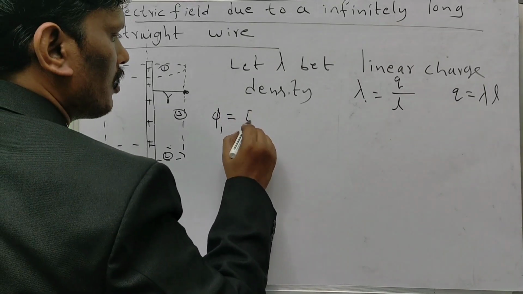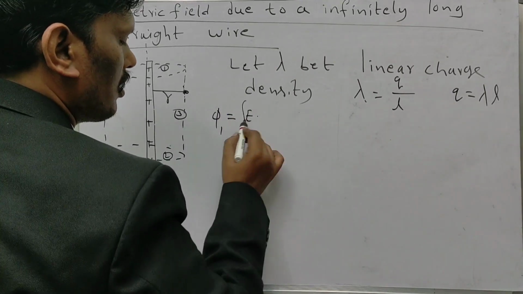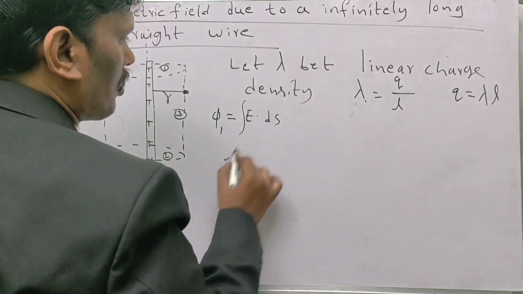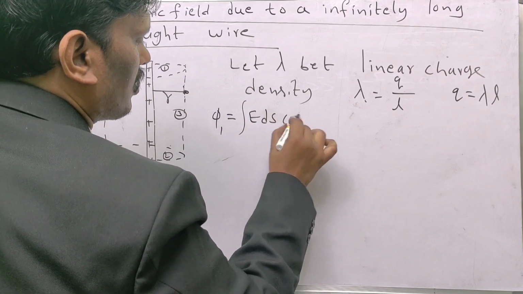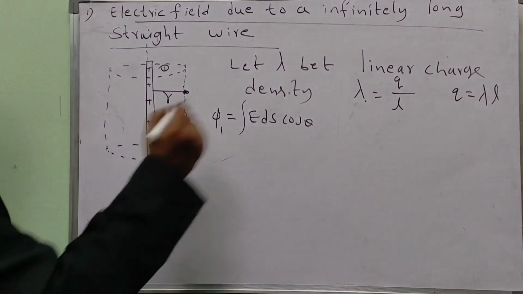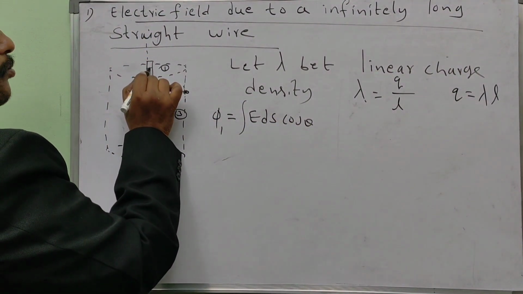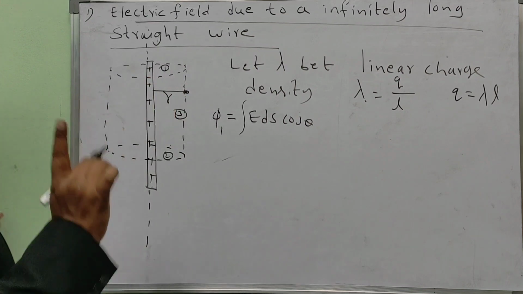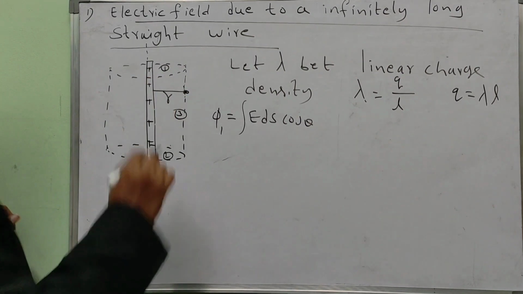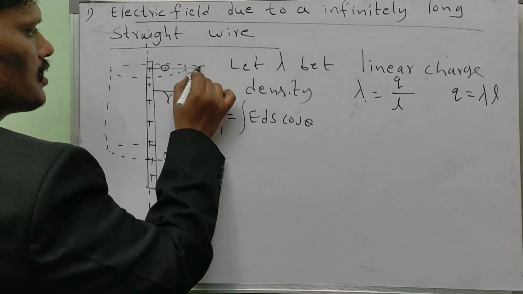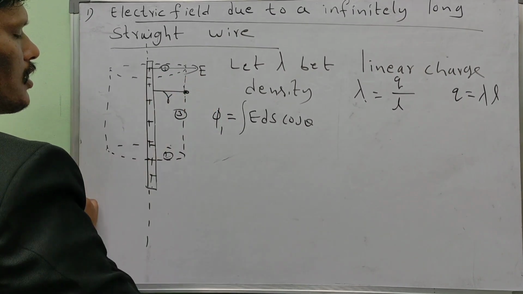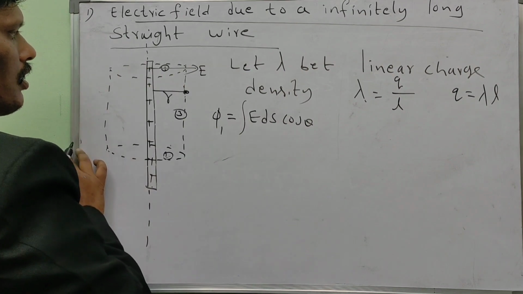We have the formula, integral E bar dot ds bar. That is E ds cos theta. Directly write down: E ds cos theta. From the positive charge, the field direction is away. This is the field direction at this flat surface.